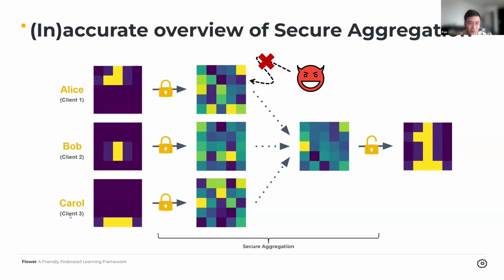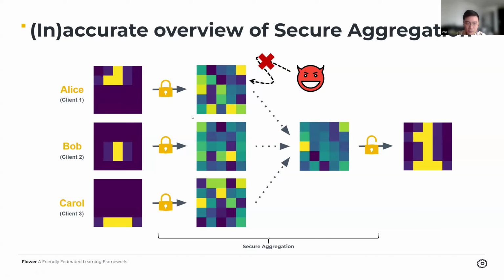Each client will add masks to their local model updates to make them completely random. Mathematically, the masked model update is indistinguishable from a uniformly random sequence. So from an information theory view, you can infer nothing from this masked model update.